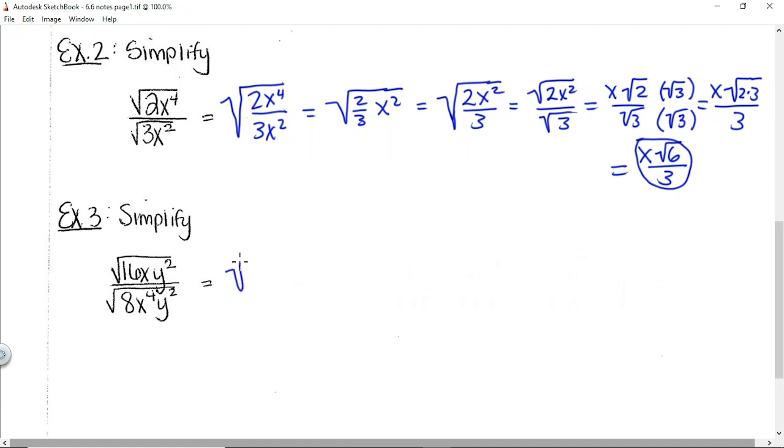This time we just divide the 16 by the 8. We get 2. For the x, we get a negative exponent, x to the -3. And the y just cancels, right? Y squared over y squared cancels out. So we still have to write this as a fraction, of course, because of this negative exponent.